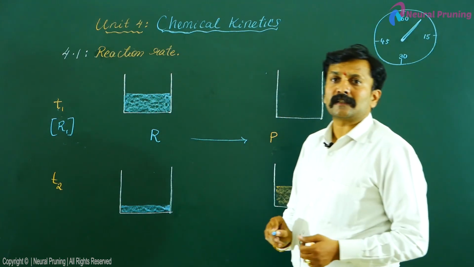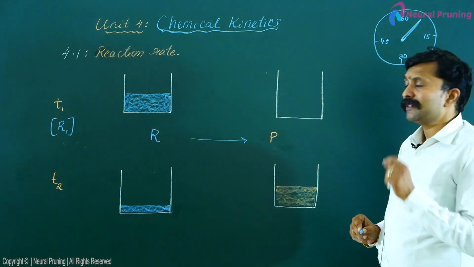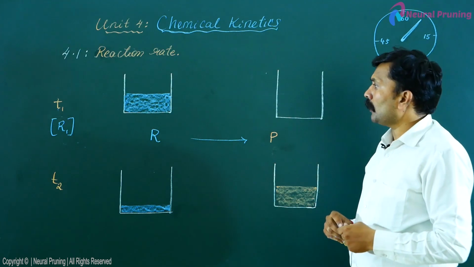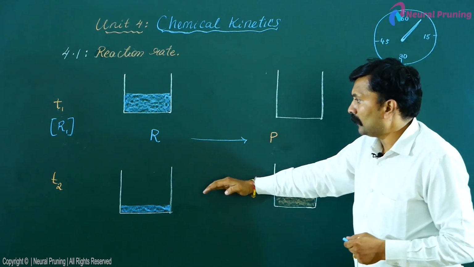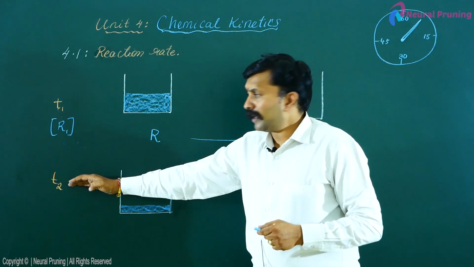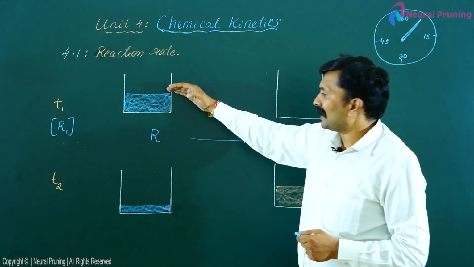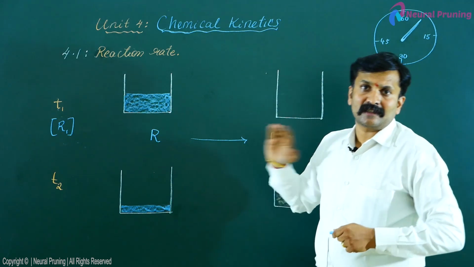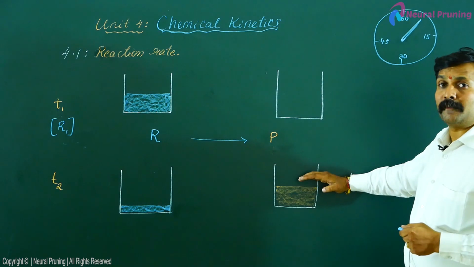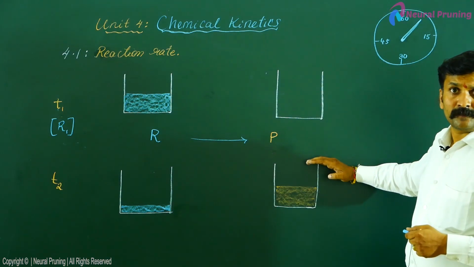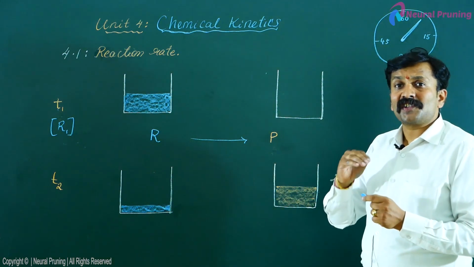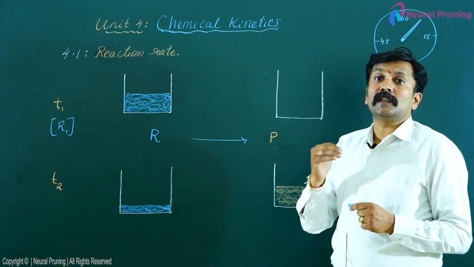During the course of the reaction, if you see in the second diagram, after a time interval T2, we observe that the reactant concentration decreased and gradually the concentration of products increased. So reaction rate is given as change in concentration for a given unit time.